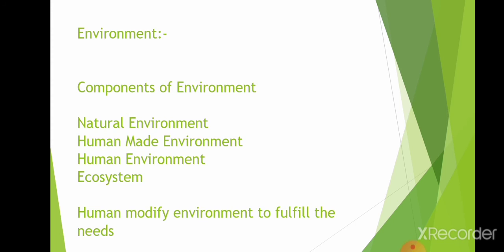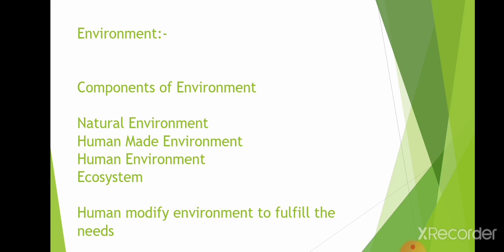So in this chapter, children, we have studied the meaning of environment. We have done components of environment: natural, human made and human environment. About ecosystem we have done study, and humans modify the environment to fulfill their needs. And the last, the most important concept that you should understand, is that we should respect our environment.